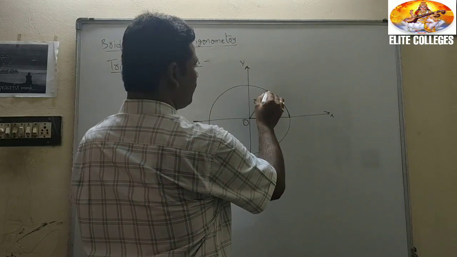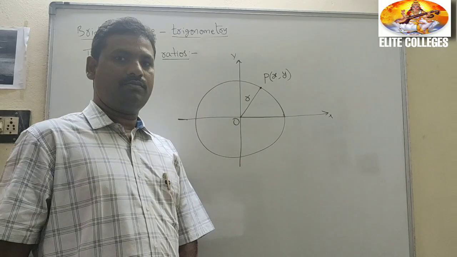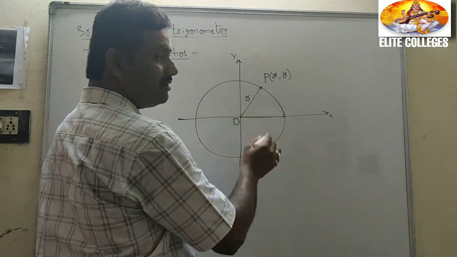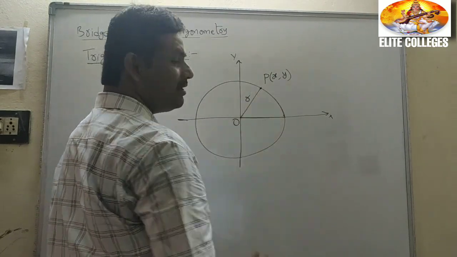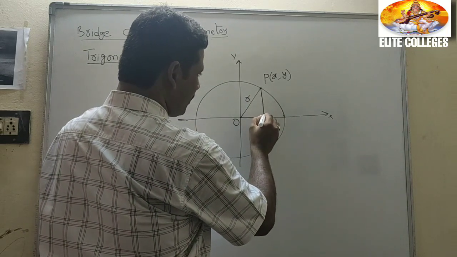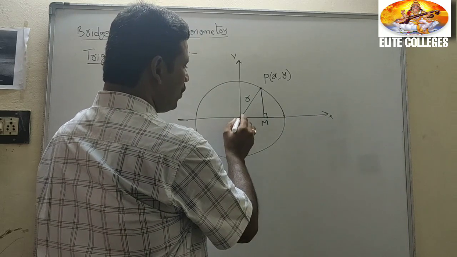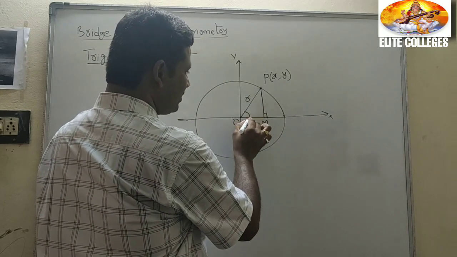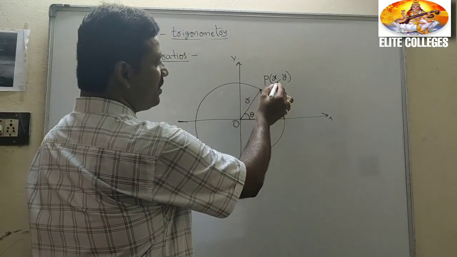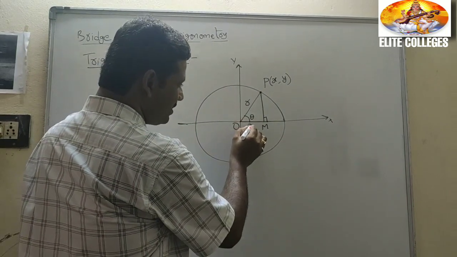This is the point P of x comma y, any point on the circle. Let us take it in the first quadrant. This is the perpendicular, let it be M. In triangle OMP, this angle is theta. How do you denote this point in the plane? This distance is x.